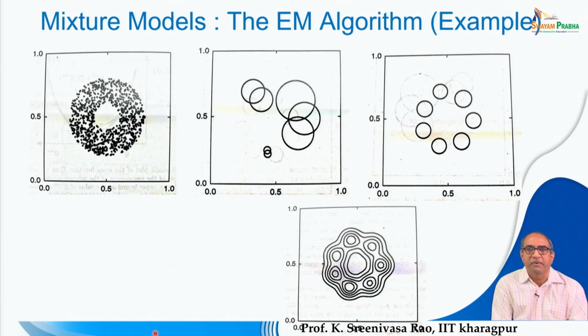It is neither parametric nor non-parametric, but at the same time we can estimate the density of any complex system or any complex function. We can estimate the density very close to the true density, provided we have a sufficient number of components and parameters considered during the estimation process.